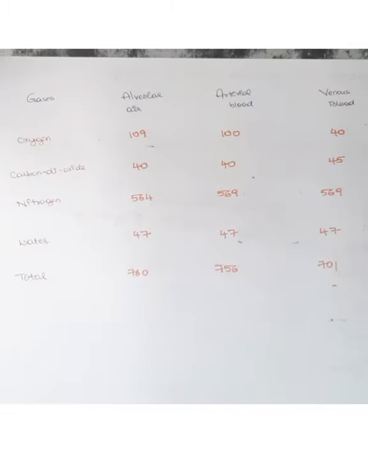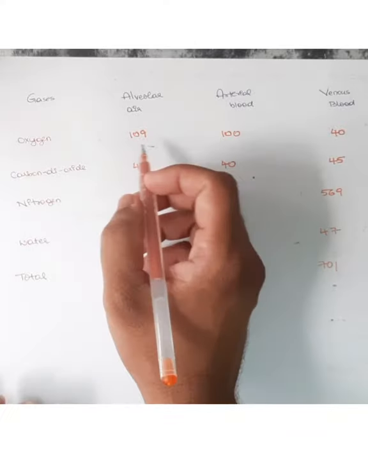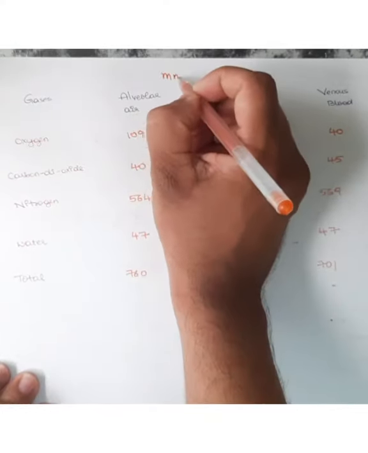This chart summarizes the partial pressure of oxygen, carbon dioxide, nitrogen, and water in different parts of the body. The pressures are given in mmHg.